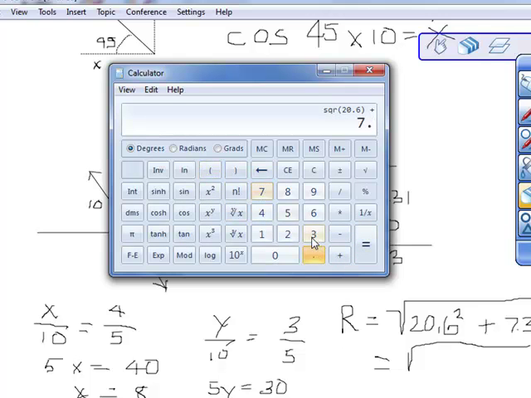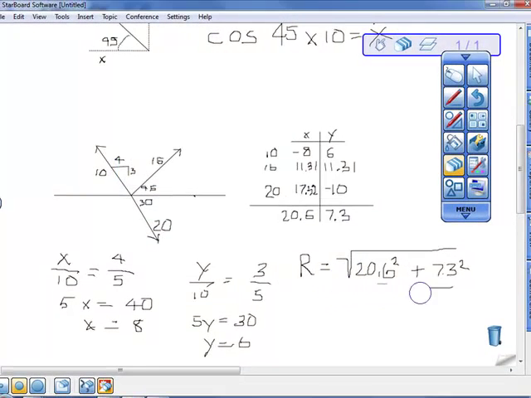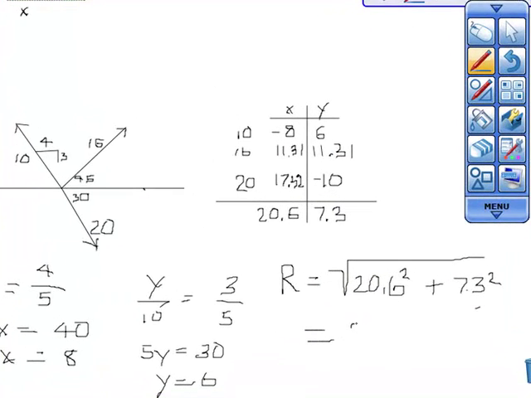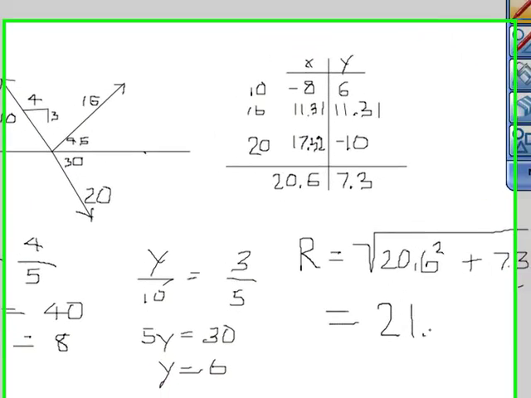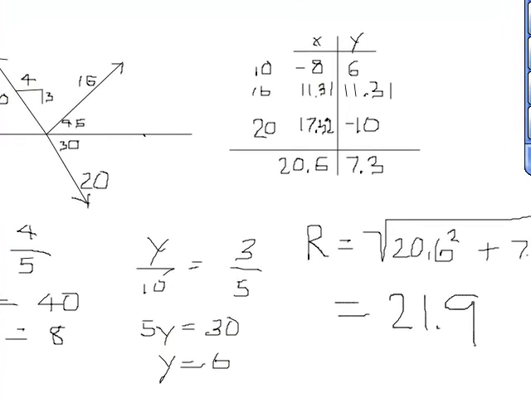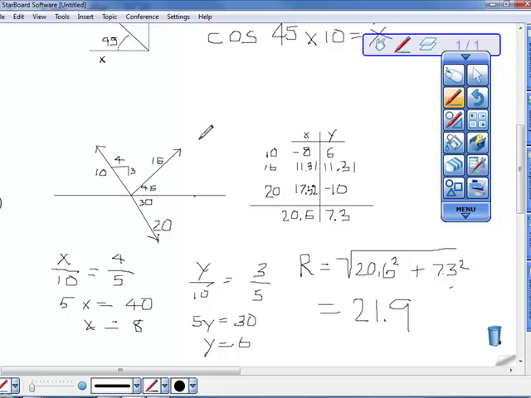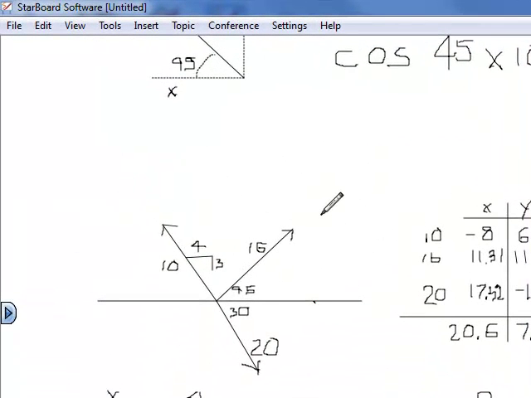That's what I did wrong. 7.3 squared equals 53.29, so the total is 477.65. If you take the square root of that, you get 21.85, or 21.9. So that's how you would figure that out mathematically, and it might be simpler for some of you than drawing it out.